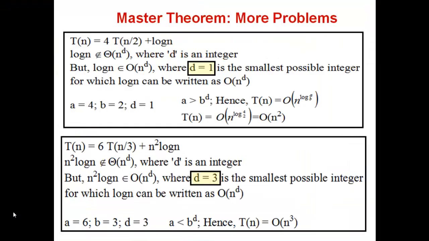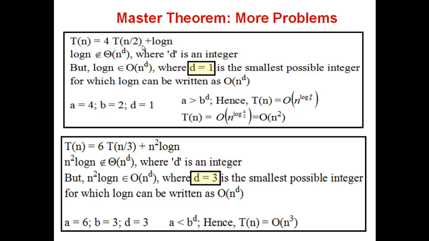Look at this recurrence. T of n is 4 times T of n over 2 plus log n. Now it's very clear log n cannot be written as some theta of n raised to d, where d is an integer, because log n is a different function compared to n raised to anything. So we need to use the big O notation, right?